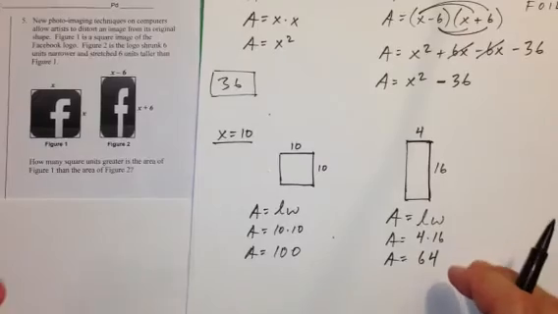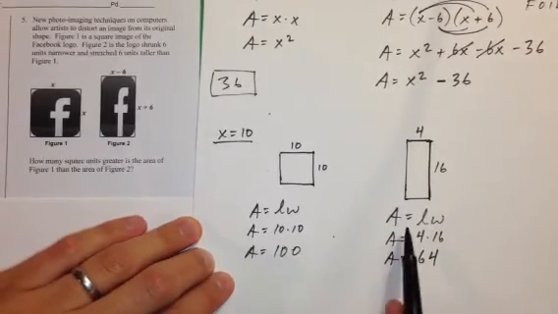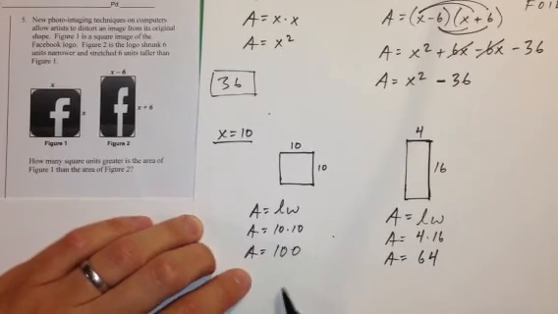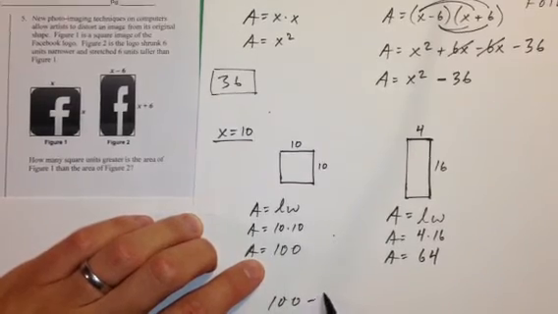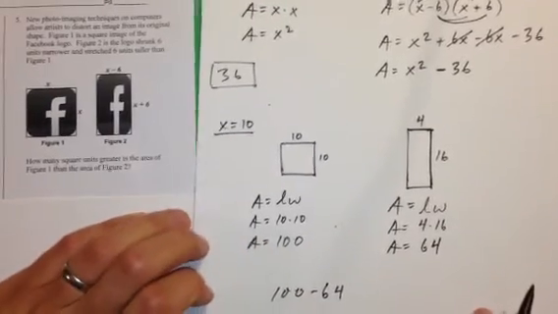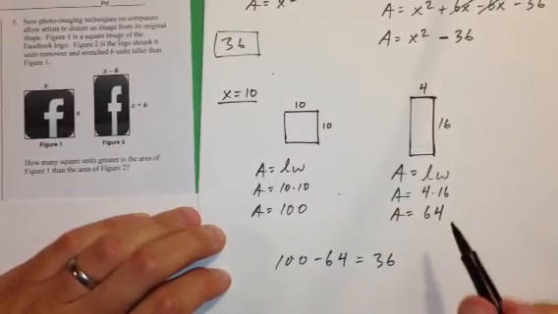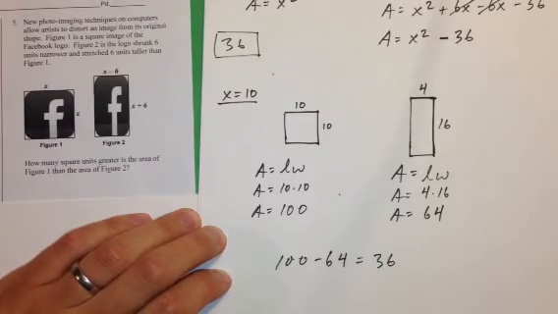So the question asks, how many square units greater is the area of Figure 1 than the area of Figure 2? Well, as you can see, the area of Figure 1 is 100, so it's 100 minus 64, which equals 36. So the area of Figure 1 is 36 square units greater than the area of Figure 2.